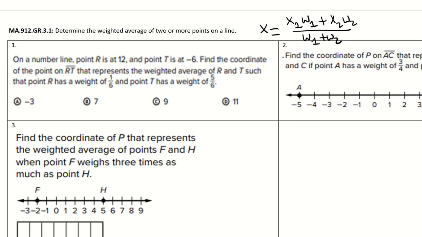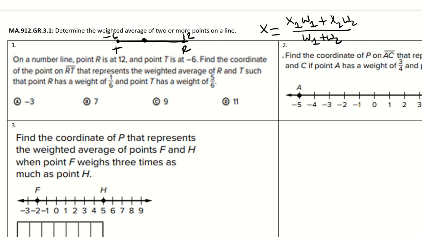Okay, so on a number line, r is at 12 and t is at -6. So we got t over here, we got r over here. And t is at -6 and r is at 12. Okay, so find the coordinate of the point on RT that represents the weighted average. So there's going to be a point somewhere on here.